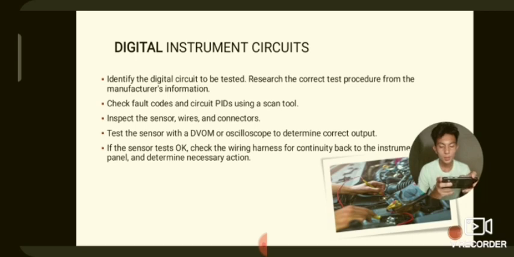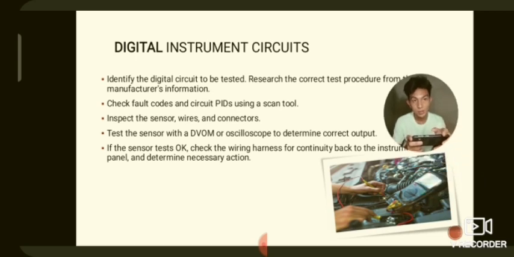Inspect the sensor wires and connectors. So, I will explain ng digital instrument circuits sa ating system. Chine-check natin by using scan tool or mga testers natin, like sa picture natin na tester natin, kung okay ba yung mga connectors, sensor, and wires.